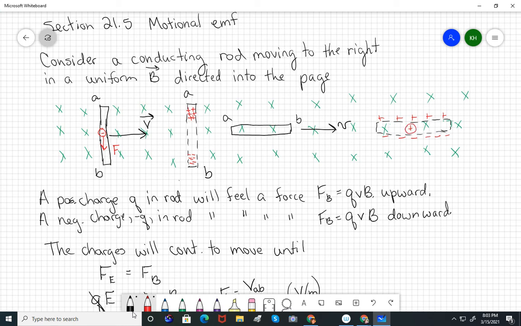But you're going to see it's going to be a much smaller induced EMF, because now the length would only be this small distance. There is no difference in potential from point A to point B.